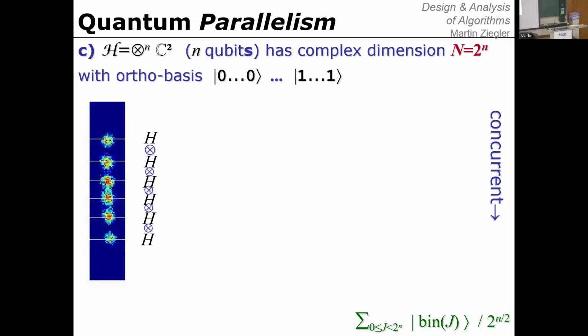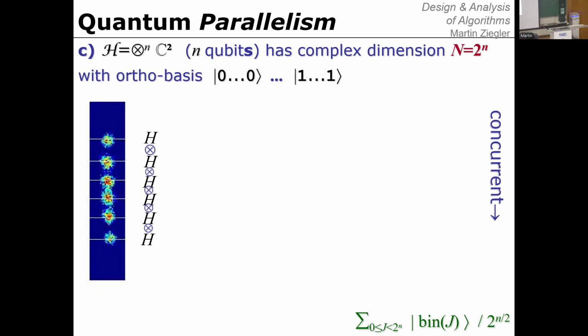N squared because when we have gates with two inputs, any pair of possible inputs, when there are n inputs, it means there are at most n squared gates connected on the first layer. That's polynomial parallelism.